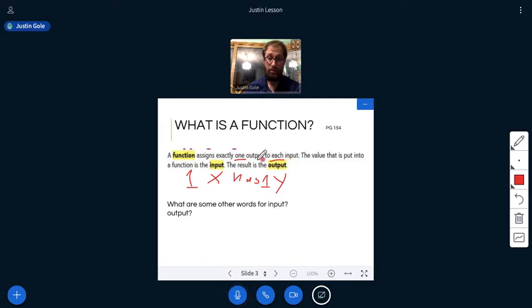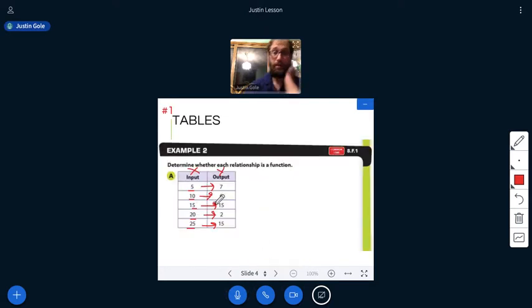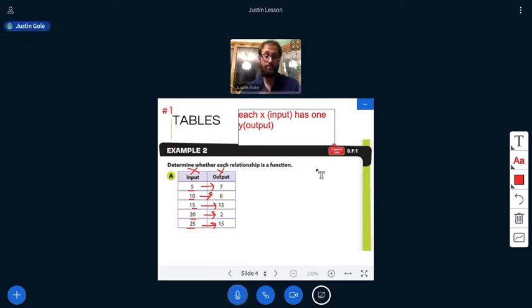If we trace it backwards, 15, an output, has multiple inputs, but that doesn't matter. We're looking for a function, we're looking for each x input has one y output. Each input has one output, or each x has one y.